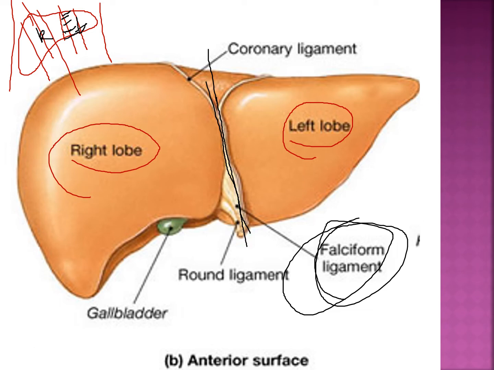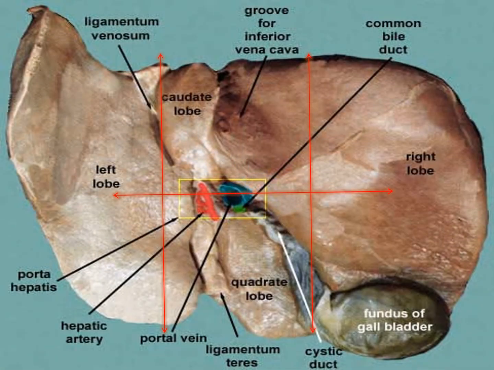From the anterior view, we can see now we have got to do more in the posterior view. This is a posterior view of the liver. This H-shaped structure is dividing the liver into 4 lobes. We have to recognize the different fissures, fossa and grooves of the posterior surface of the liver.